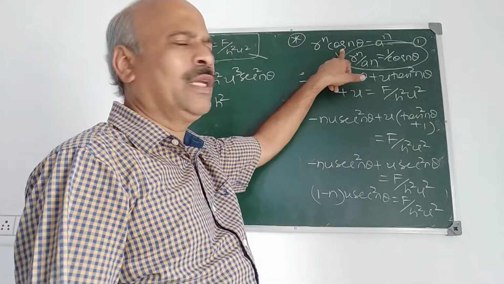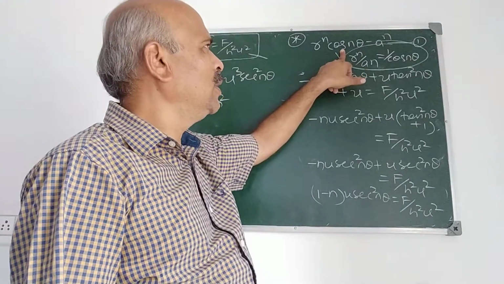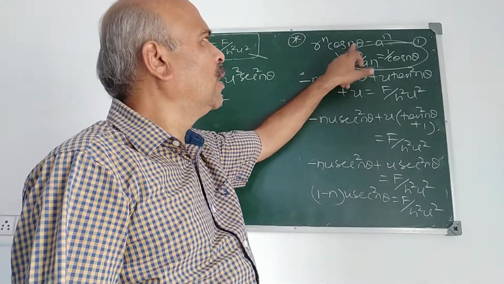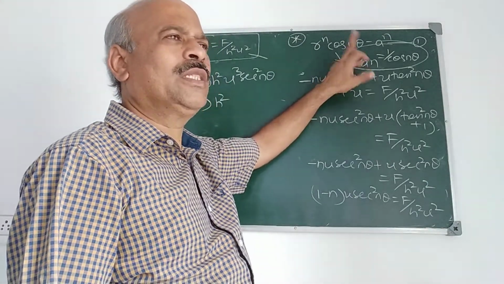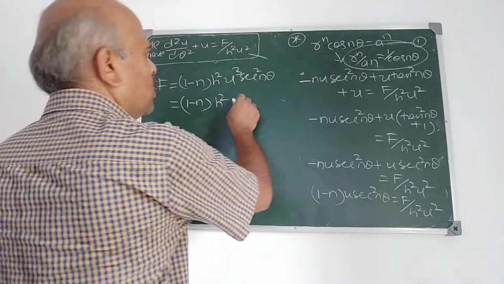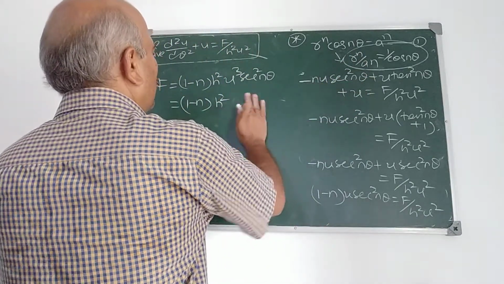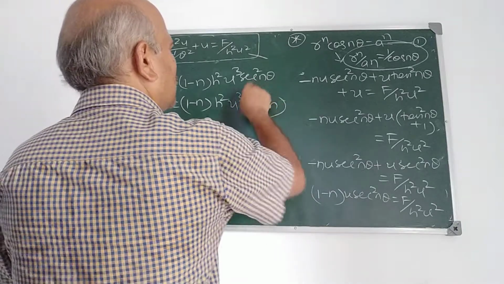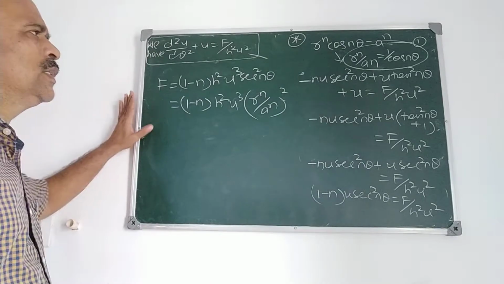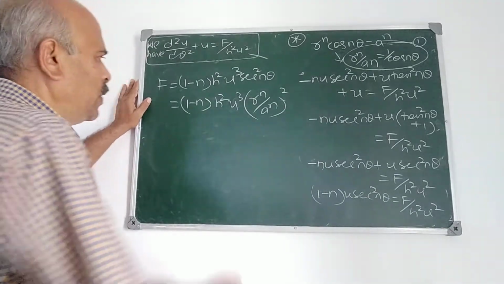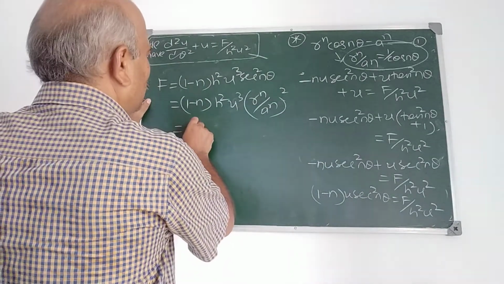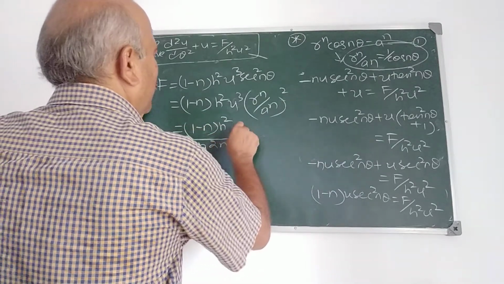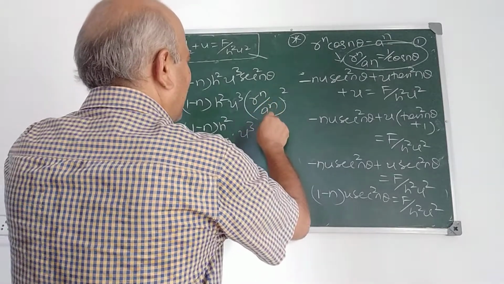Go to this given equation. Equation of the curve is this. Curve means central orbit. So r raised to n by a raised to n square, because cos n theta is a raised to n by r raised to n. Therefore, it is 1 minus n h square upon a raised to 2n u cube. What is r raised to n?